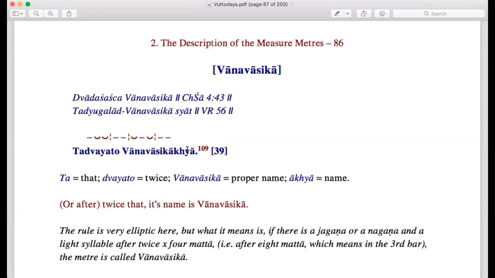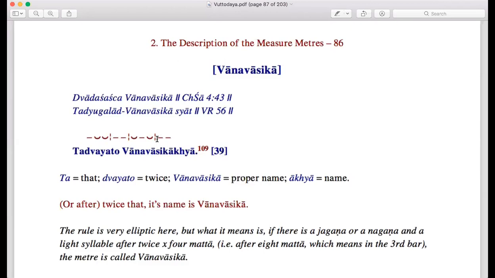So Vanavasika akhya yassa: the name called Vanavasika belongs to which. That is for the advanced learners. However, the word should be separated as Vanavasika and akhya.